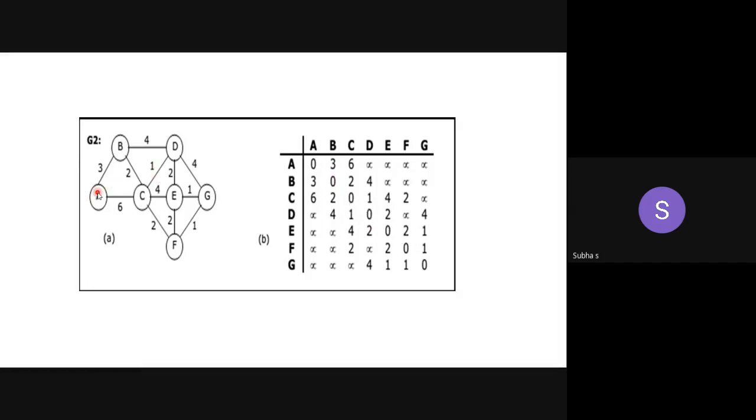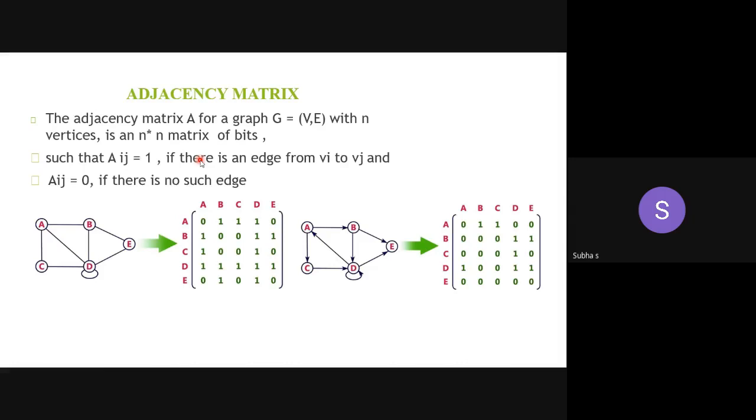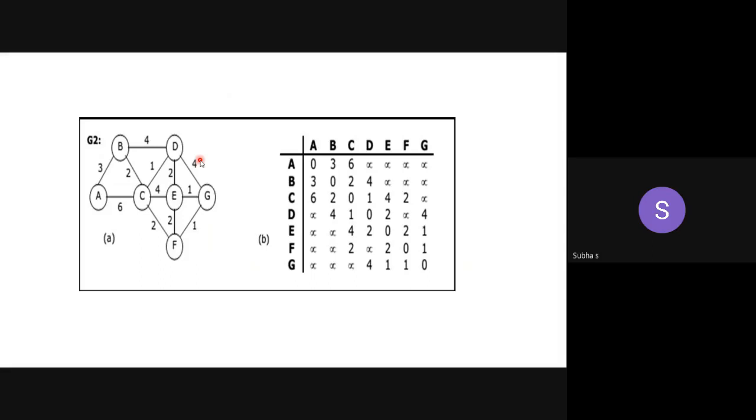Now check how many edges are passing from A. This is a weighted but undirected graph. From A to B and A to C. A to B, what is the value here? 3. Previously, if there is a path from A to B we put the value 1 in an unweighted graph, but here the weight is given directly, so put it as 3. Then A to C, the value is 6.